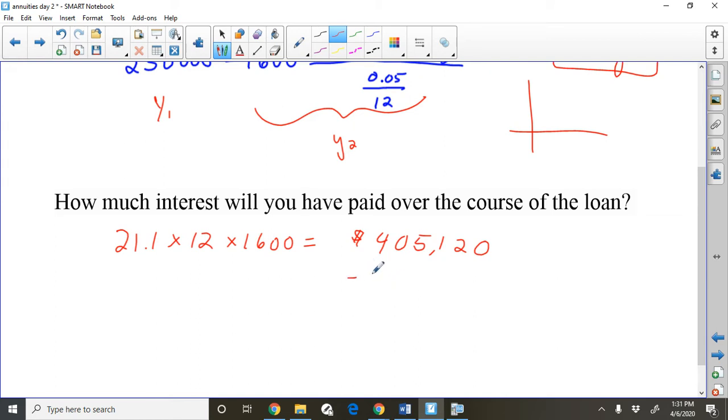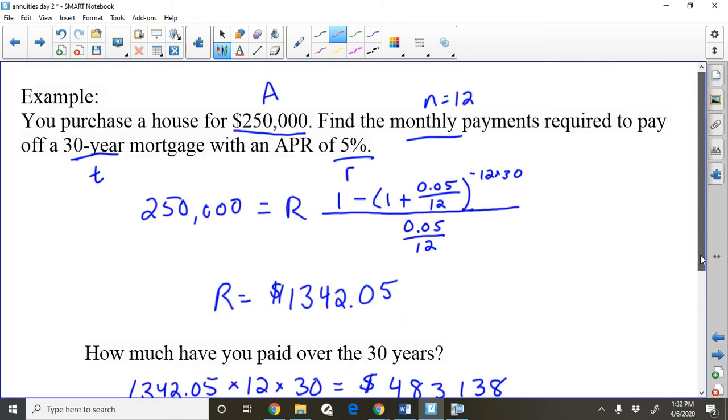If we subtract the original amount of the loan, the amount of interest in this case is $155,120.